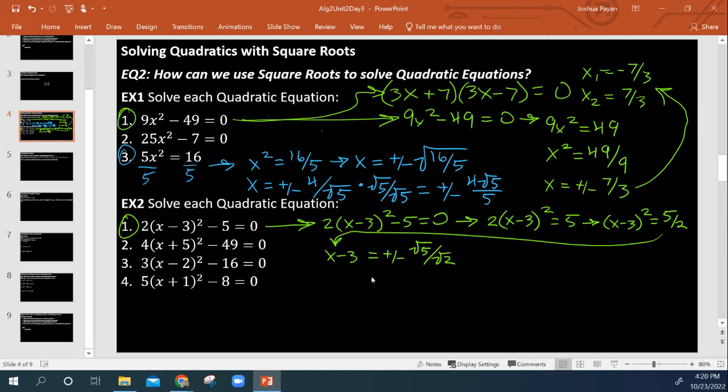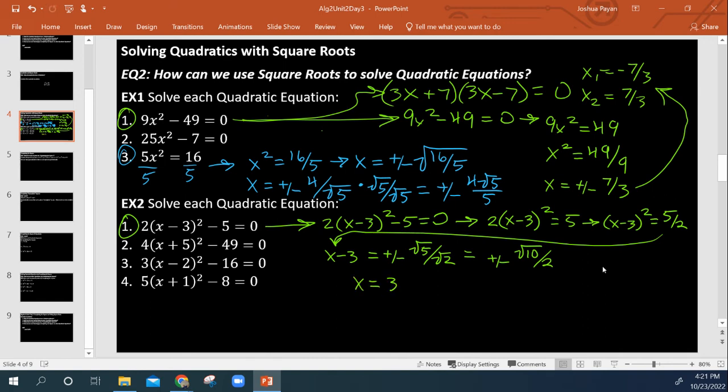And then we see we have an irrational denominator again. So when I fix this, we're going to end up with plus or minus the square root of 10 all over 2. And those would be my two solutions, right? And we're still not done because I still have this minus 3 sitting here. Okay, so I'm going to add 3 to both sides.